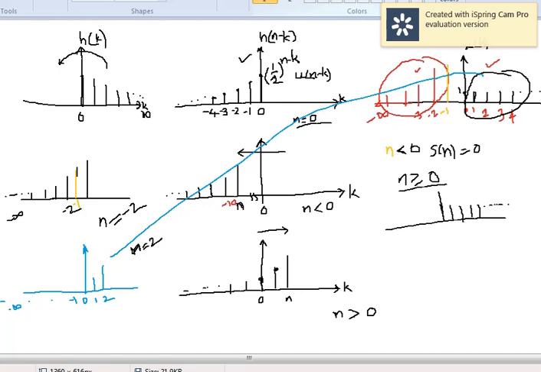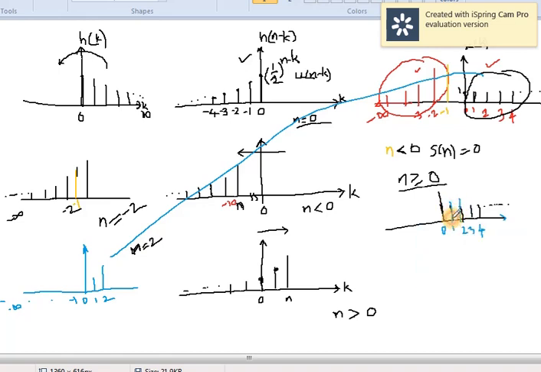the convolution begins from 0 and ends at 2, because we don't have x of k on the left side, and similarly h of n minus k is not there on the right of 2. So from 0 to 2 will be our convolution limit.